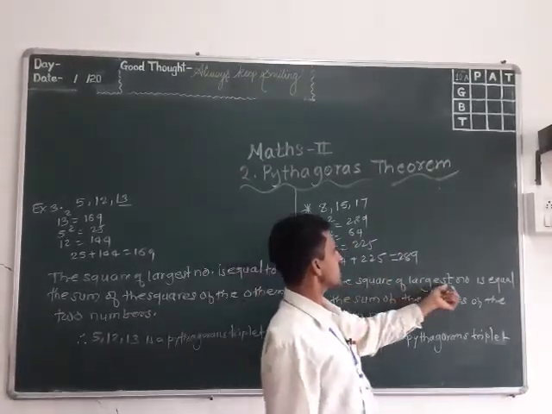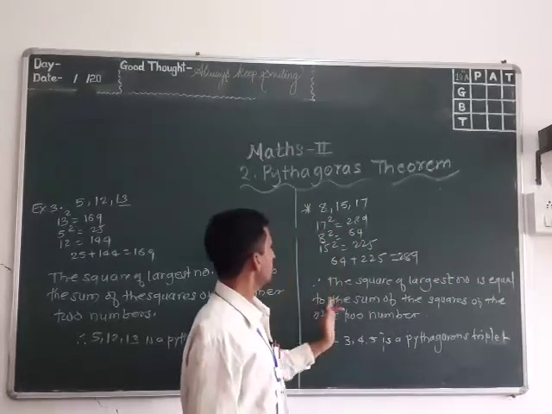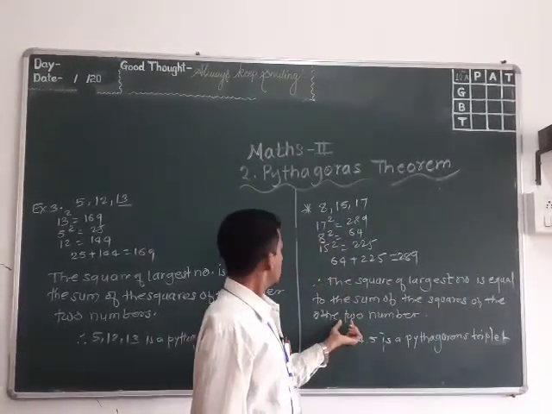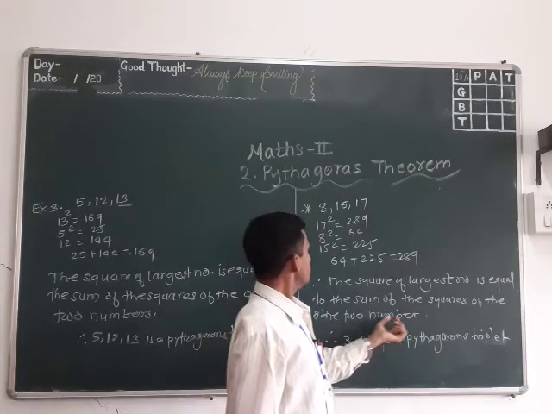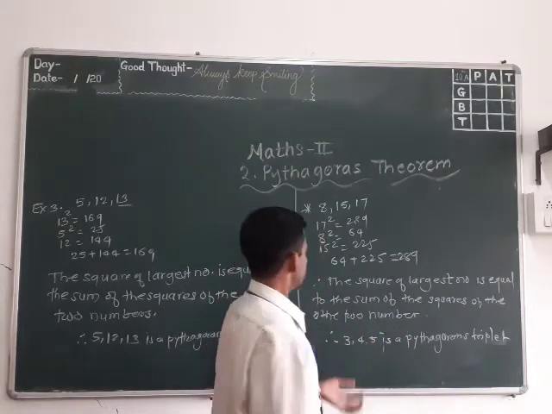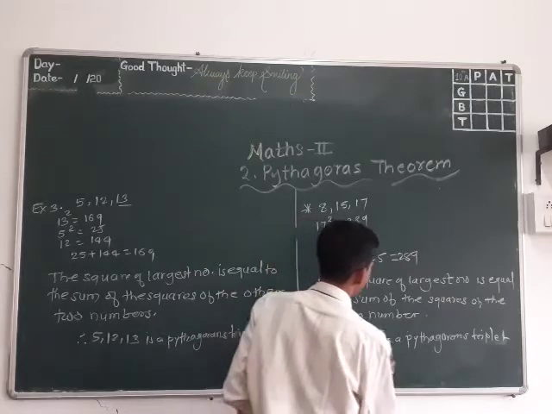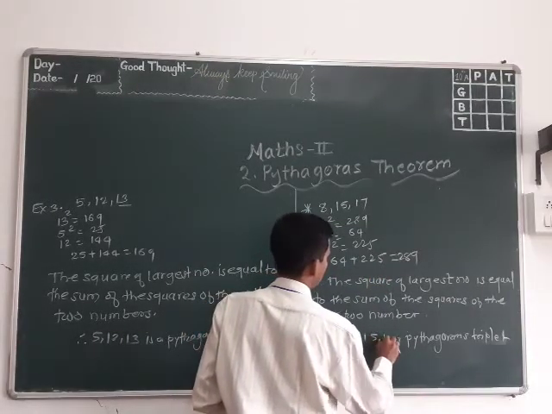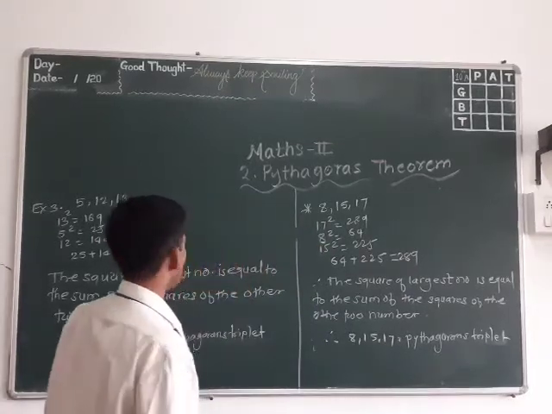The square of the largest number is equal to the sum of the squares of the other two numbers. 8, 15 and 17 is a Pythagorean triplet.